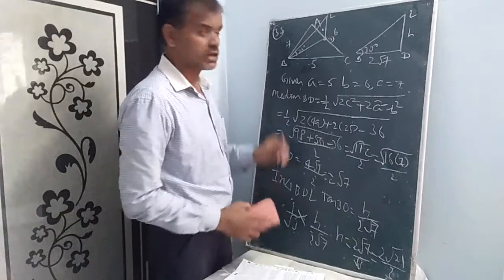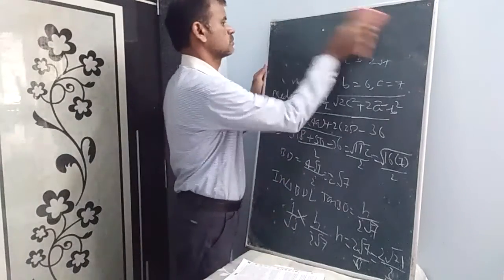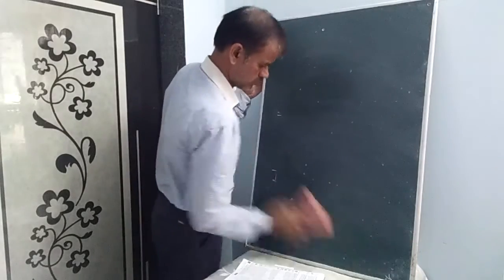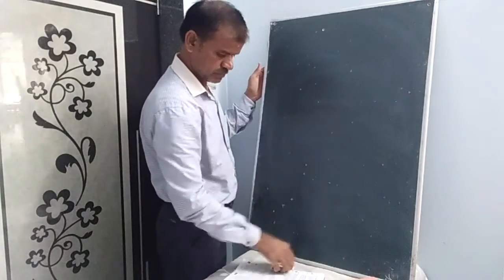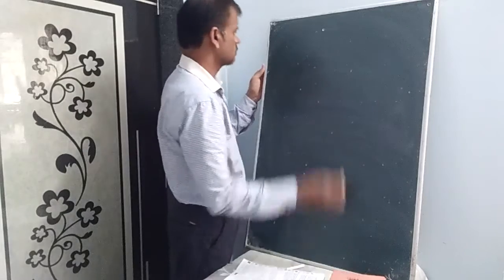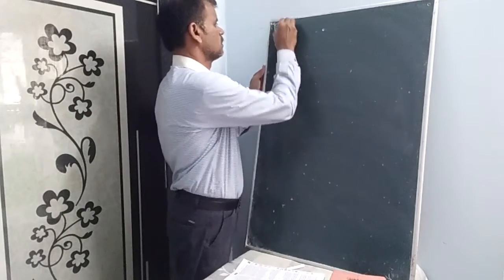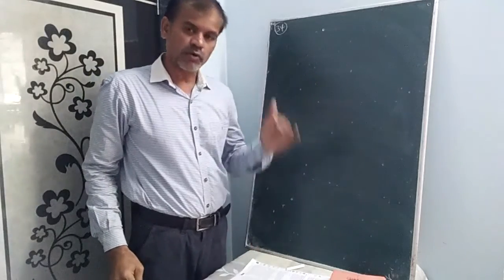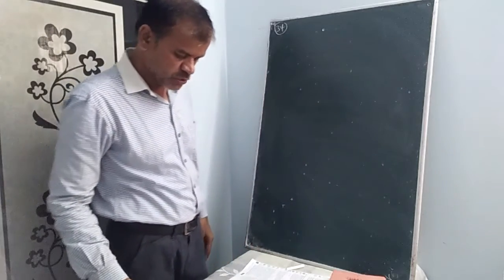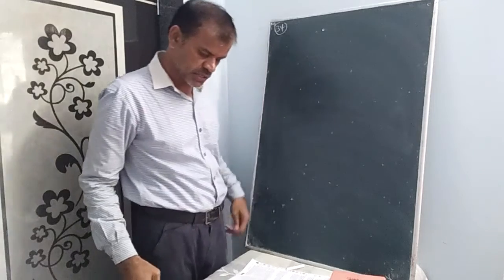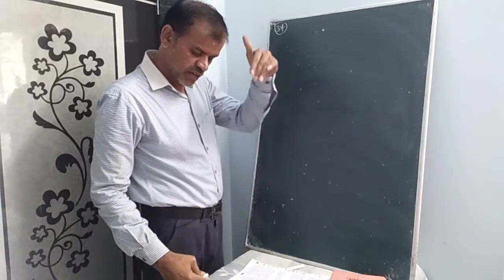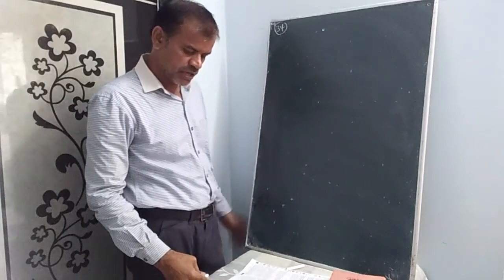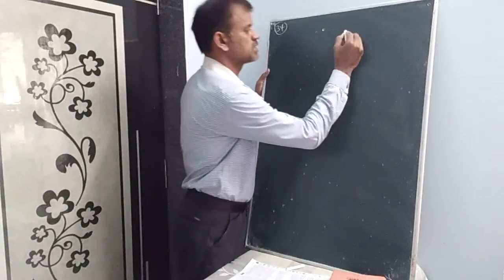Now let us see the 34th question. If the angle of elevation of a cloud from a point P, which is 25 meters above the lake, is 30 degrees, and the angle of depression of the reflection of the cloud in the lake from P is 60 degrees.